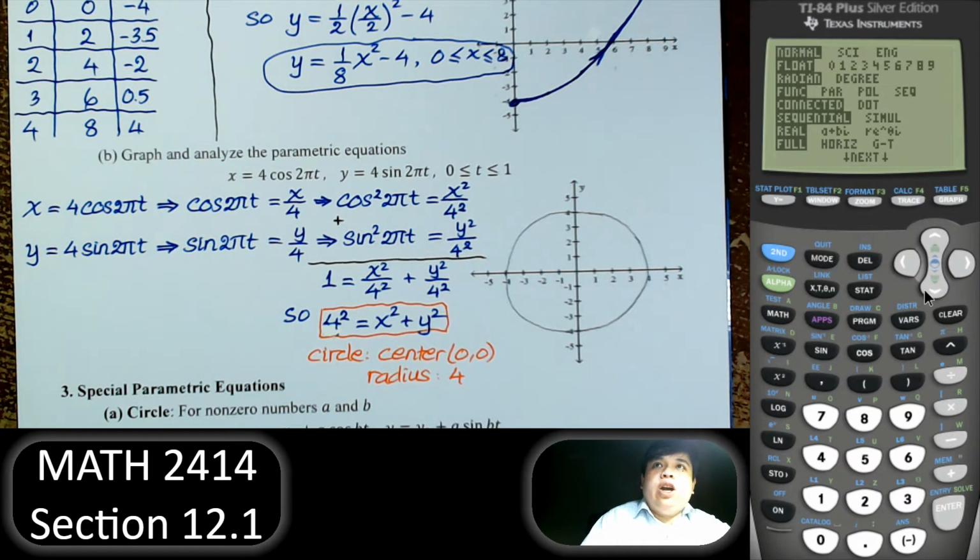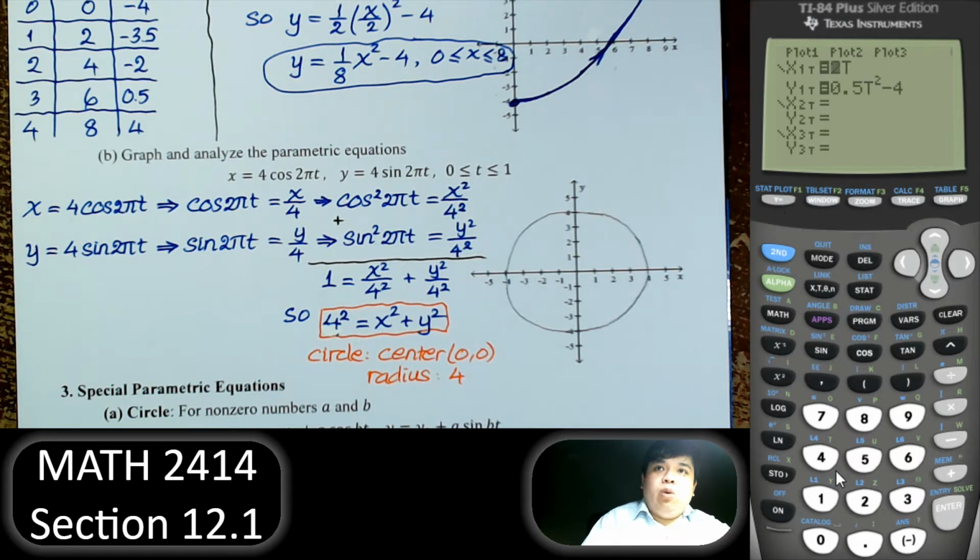Mode change to parametric form and enter the equation: 4 cosine 2 pi t, then 4 sine of 2 pi t, right, graph.